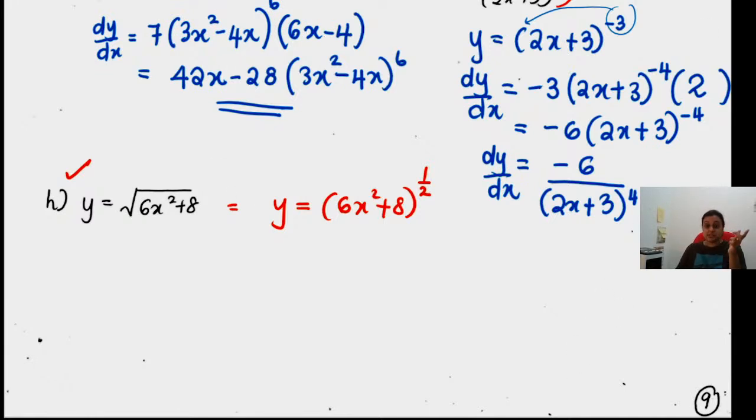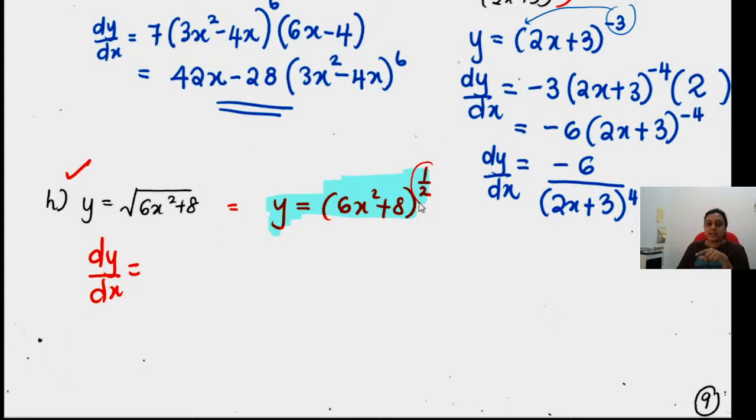Last week teacher gave you the clue here. I gave in red color, orange color, how to change the form first. So I hope you all changed first, then only found the dy dx. So first you change the form.